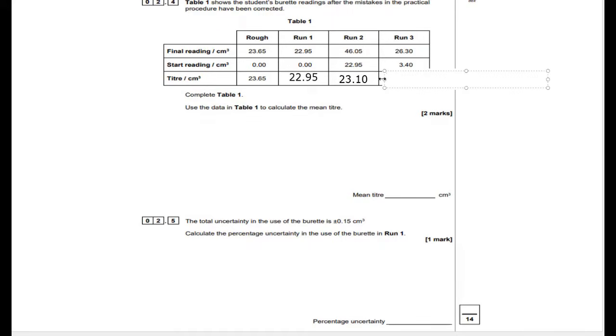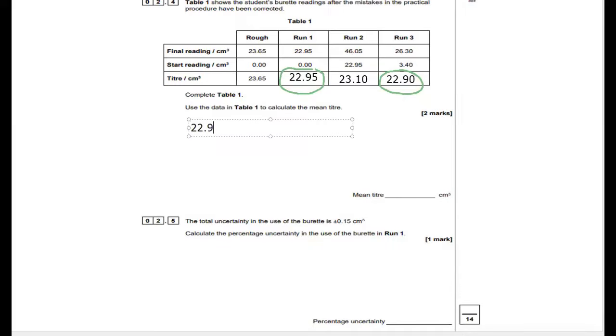And then we have 26.30, subtract 3.40, we have 22.90. Now what we need to do is work out which are the concordant results. So the concordant results have to be the 2 results that are closest together or within 0.1 of each other. And we can see that 22.95 and 22.90 are both within 0.1 of each other. So we're going to use those as our concordant results.